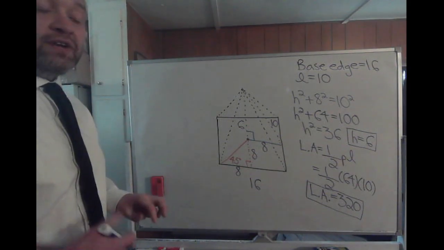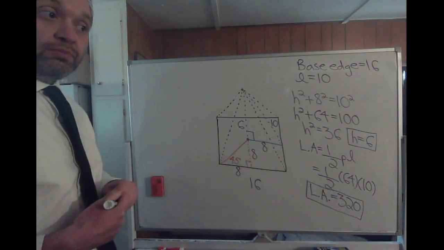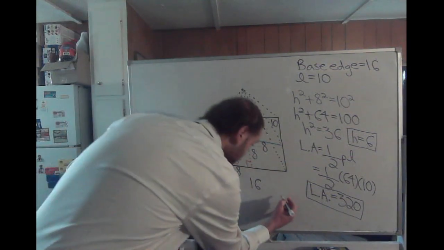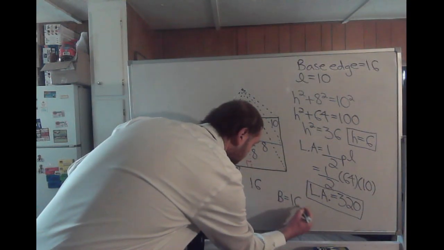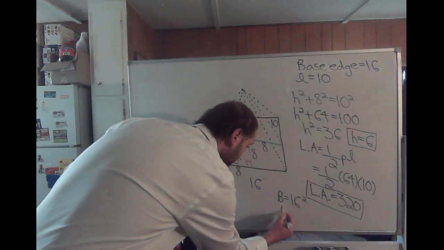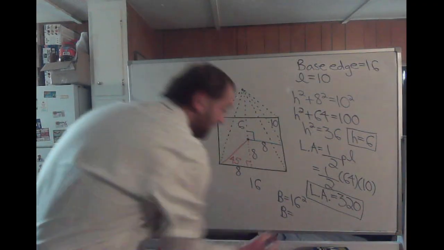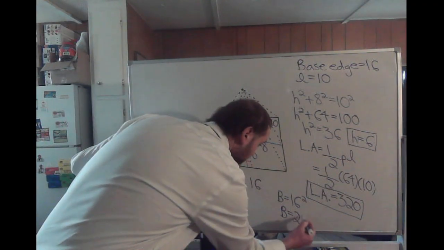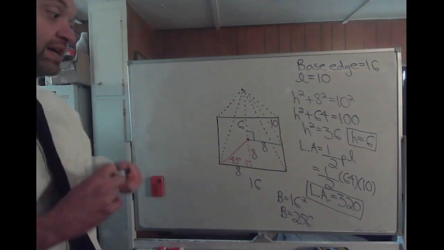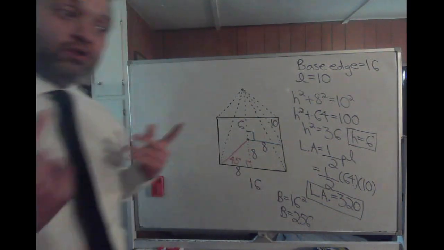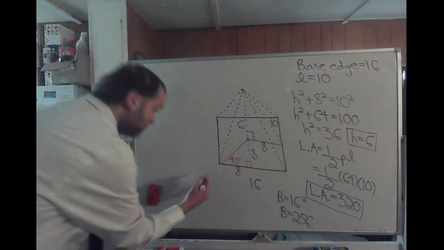Now, before I can find the surface area or the volume, I need to find the area of the base. The area of the base is just the side to the second power, so that would equal 16 to the second power, which means the area of the base is 256 square units. Now that I know the area of the base, I can find both the surface area and the volume.